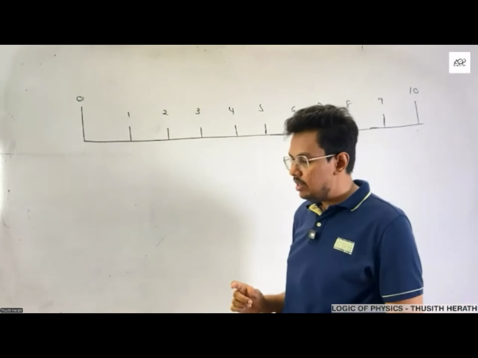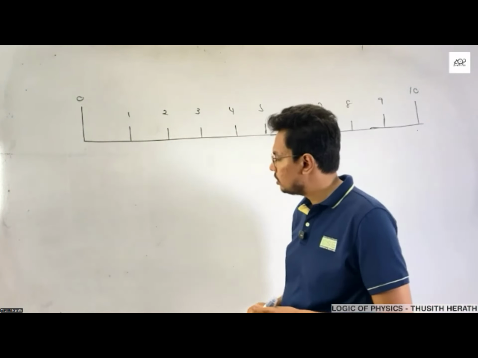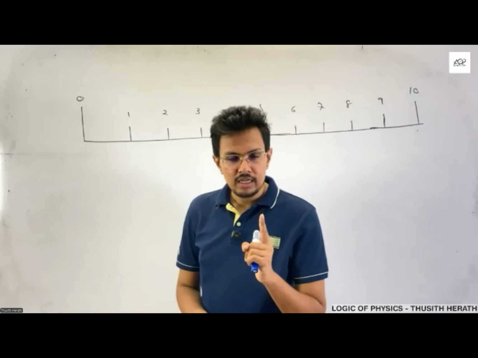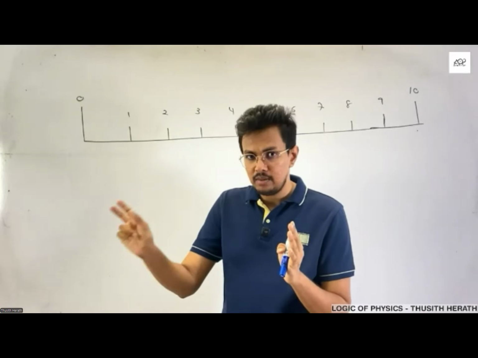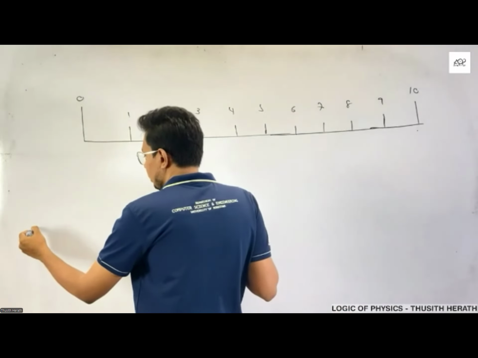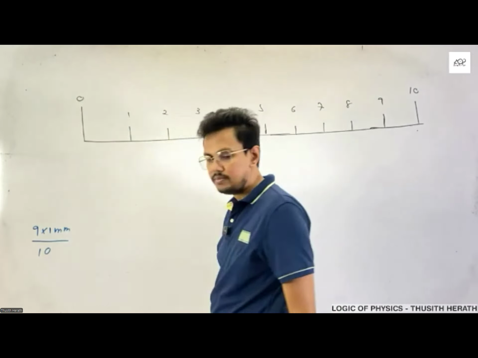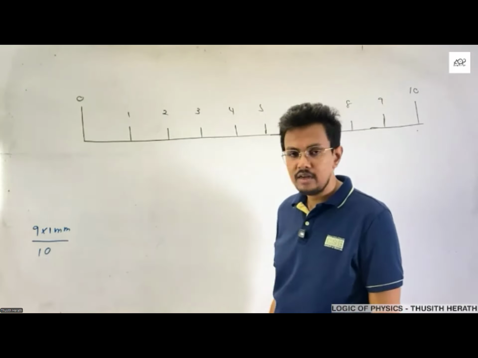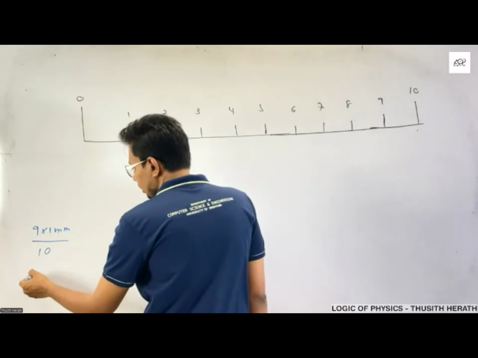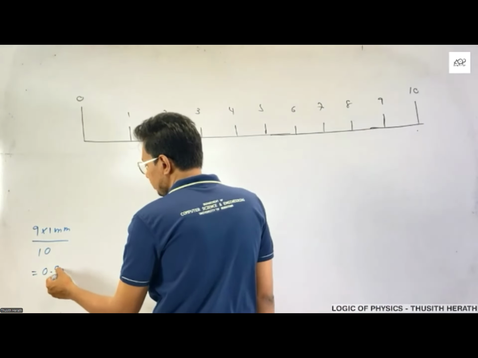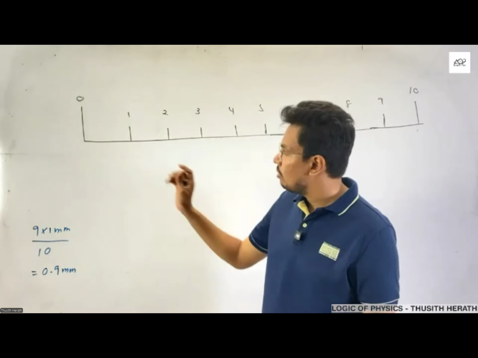So, what will be the value of one Vernier scale part? Let's try to figure it out. The 9 1-millimeter parts means 9 into 1 millimeter, divided into 10 equal parts, right? This is the length of one Vernier scale part. So it should be 9 over 10, which means 0.9 millimeters. That means one Vernier part is less than 1 millimeter.